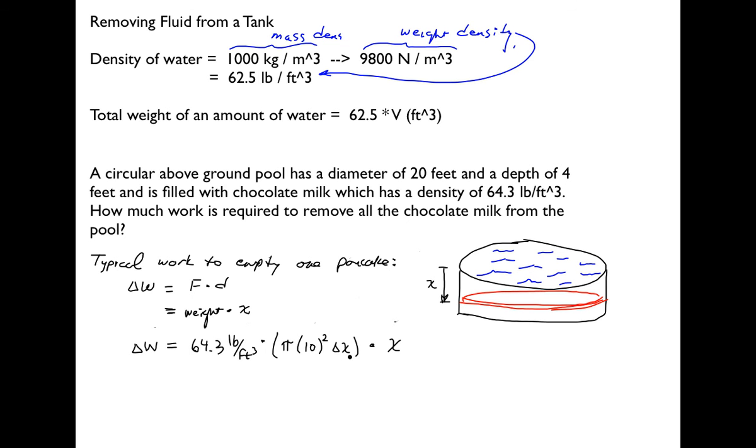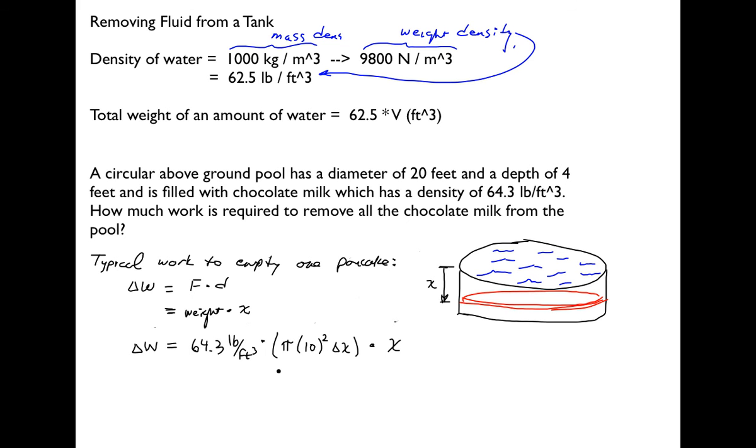Now the delta x is part of the volume of this thing to get us the weight of it, the little change in x, and so that's going to be the weight of that layer. Then to get the work, it's the distance that we have to move that weight, and that's x. That's the variable. Yep, so each layer has to go a distance of x, if our frame of reference is from the top down like that.